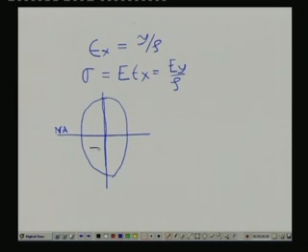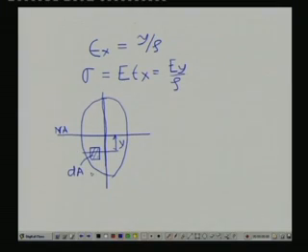If we consider a small elemental area dA at a distance y from the neutral axis, what is the total force acting onto this dA area?